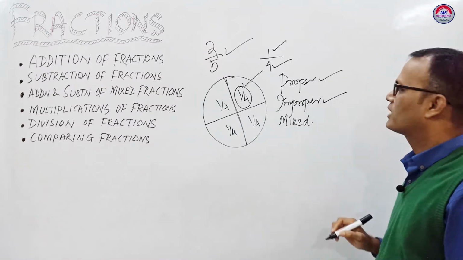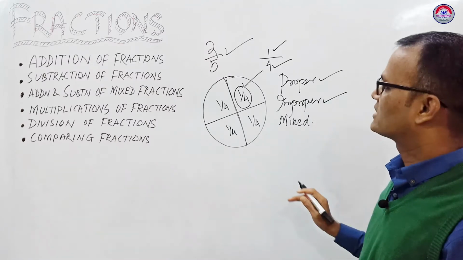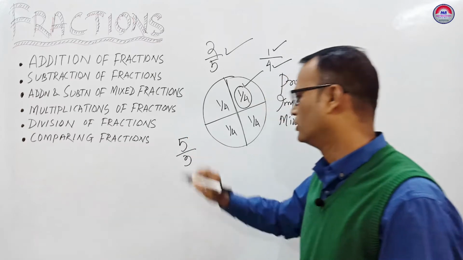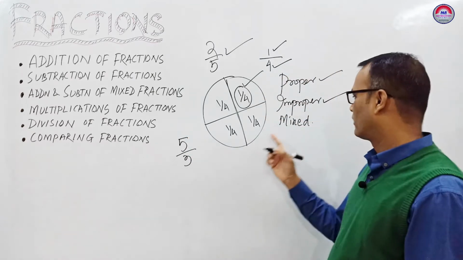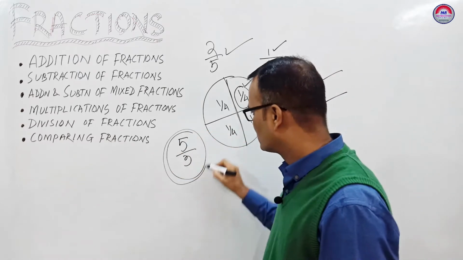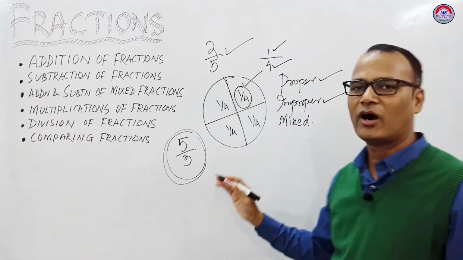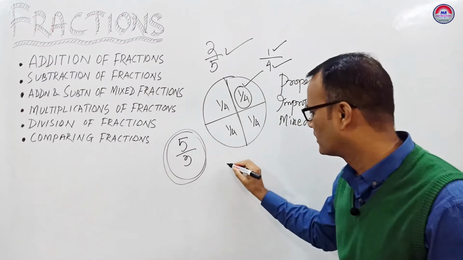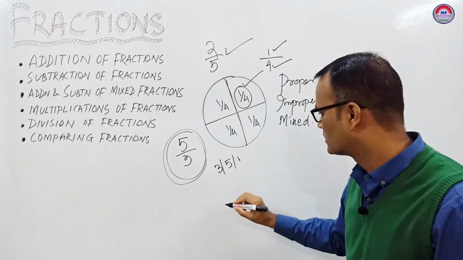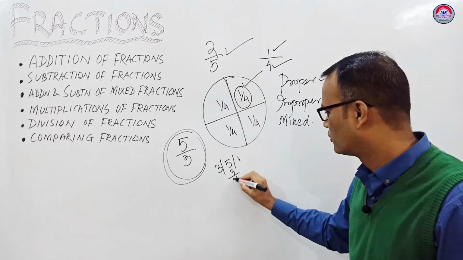What is improper fraction? In an improper fraction, the numerator is greater than the denominator. And what is mixed fraction? We can change the improper fraction to a mixed fraction. How? If we divide 5 by 3, then we get quotient 1, remainder 2.